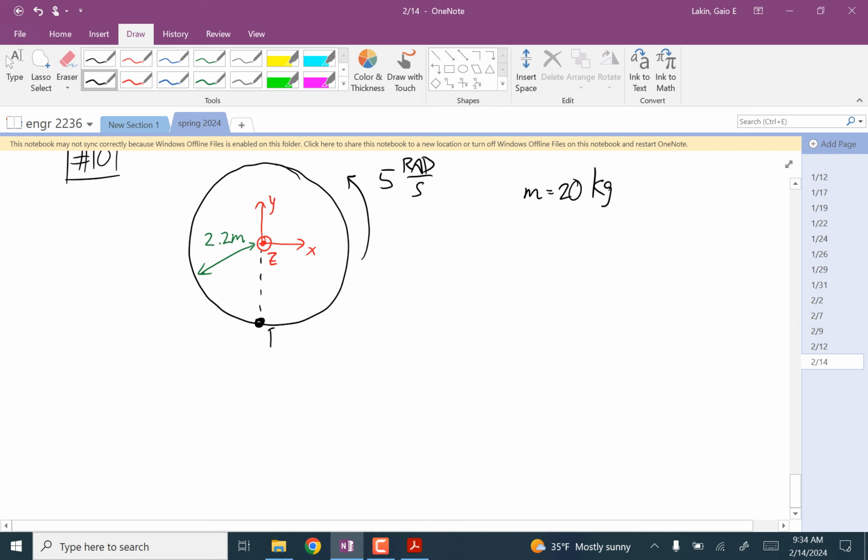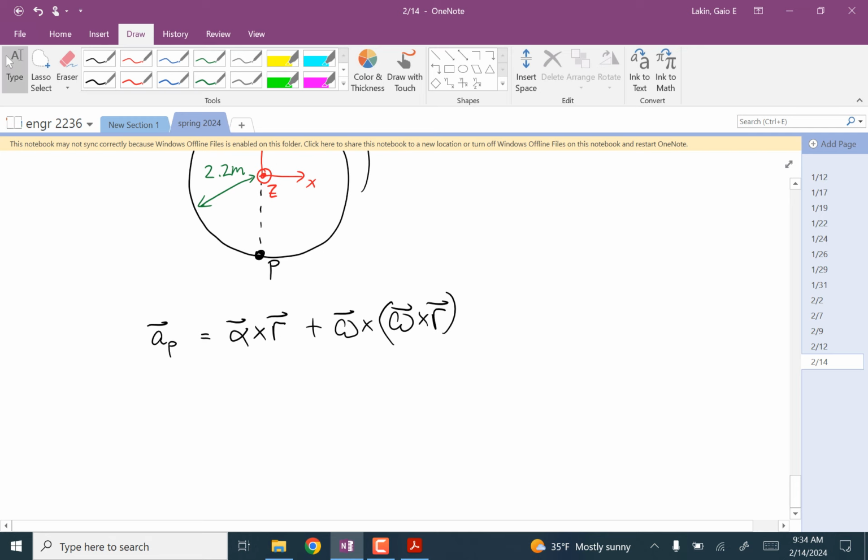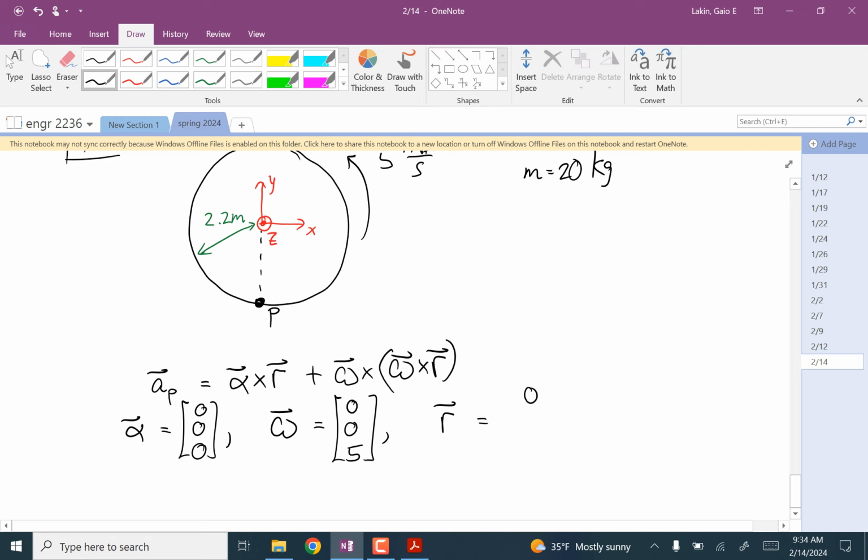So if I call this p, the acceleration of p is the watermelon equation. Alpha is 0, it's a constant angular velocity. Omega, the way I drew it, is 0, 0, positive 5. R, where I drew it, is 0, negative 2.20.